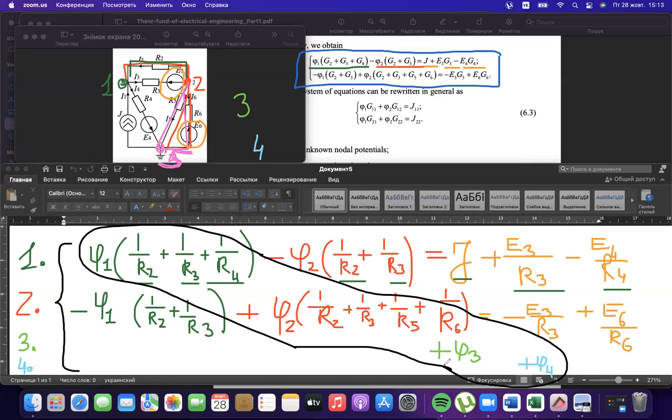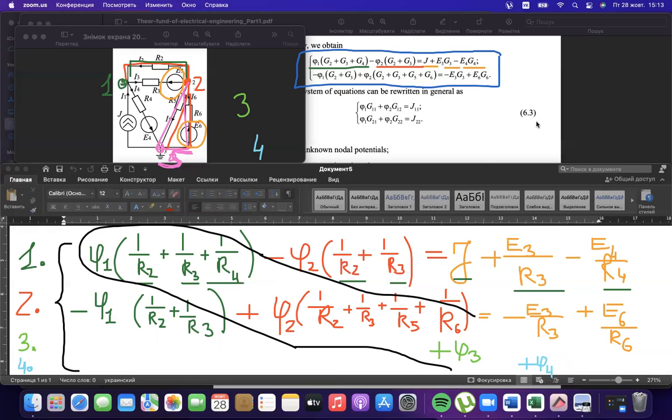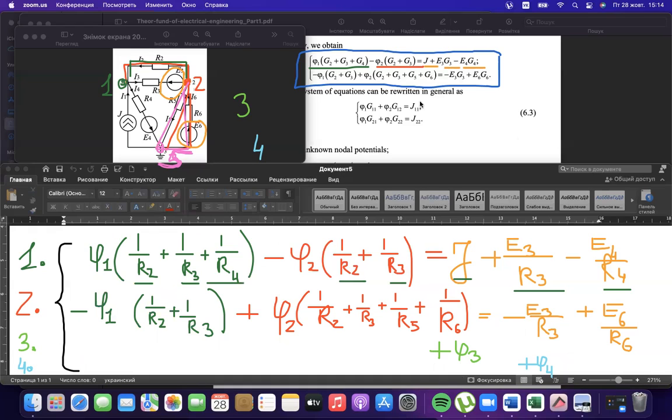Then all other parts will be negative. All parts here will be negative, and all parts here also will be negative. Positive, negative, negative. How could we also check the writing of the system?